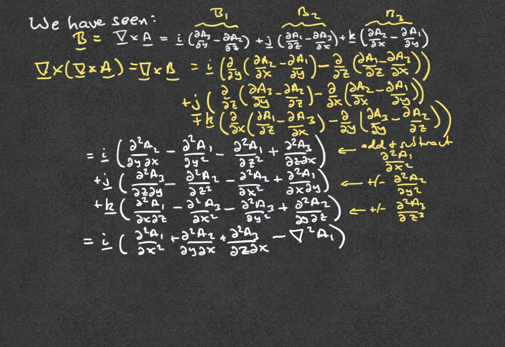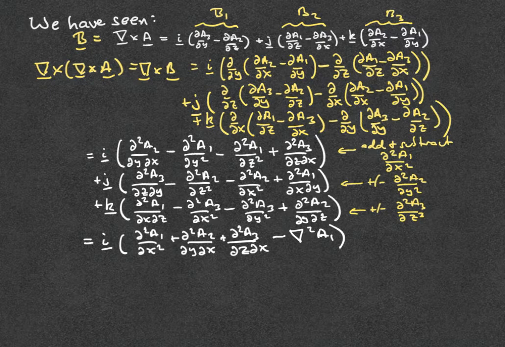So remember, the Laplacian acting on a1 is d2 by dx squared on a1 plus d2 by dy squared on a1 and d2 by dz squared acting on a1. And we're now going to have all of those three terms, this one, and when we subtract this one, all with minus signs in front of them. So that's what we get from the top row with this addition and subtraction.